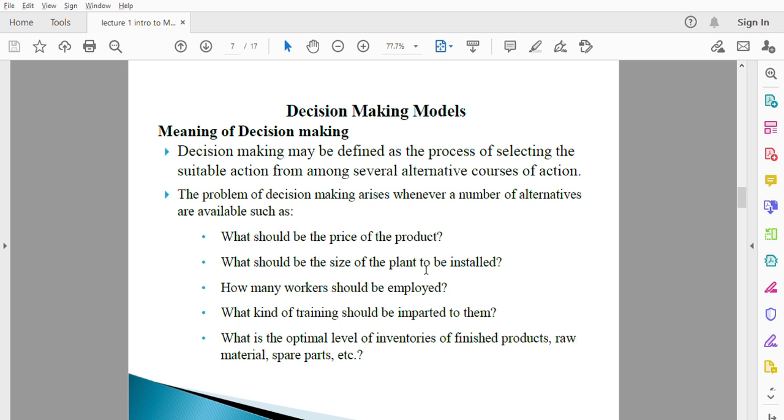But if we have a number of alternatives, like what should be the price of the product, what should be the size of the plant to be installed, how many workers should be employed, what kind of training should be imparted to them, what is the optimal level of inventories of finished products, raw materials, spare parts, etc. All these are alternatives available. If you have all these alternatives available, you have to make a decision, you have to make a choice, or you have to select the suitable action.